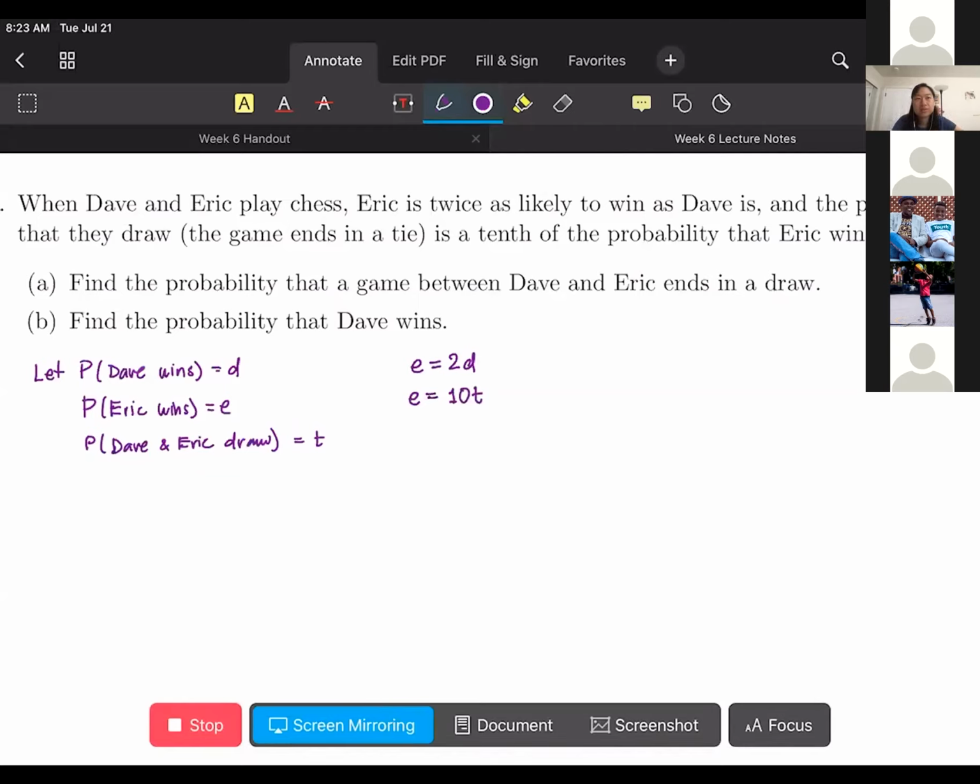Yeah, that's right. And then the last thing is we have three variables here, and we know that either Dave wins or Eric wins or there's a tie, and those are all the possibilities that can happen. So we also know that D plus E plus T equals 1.